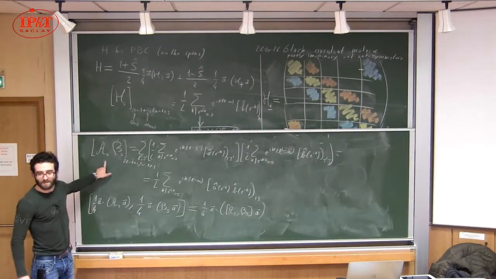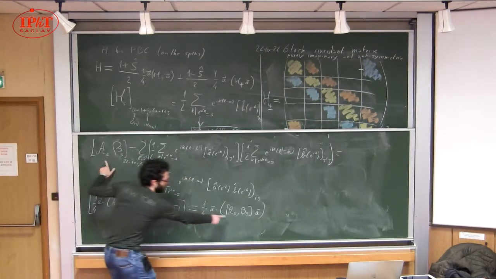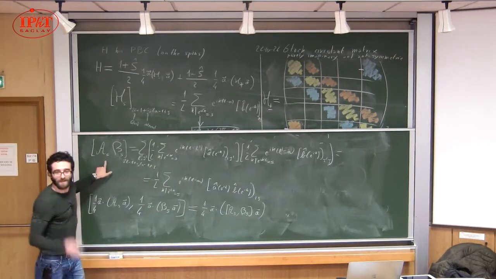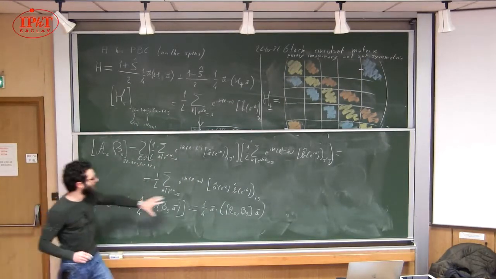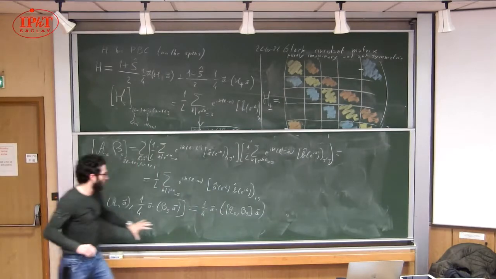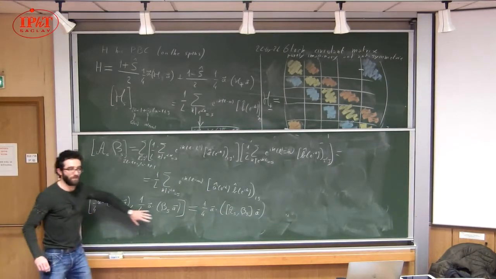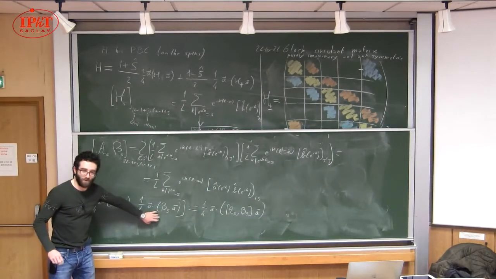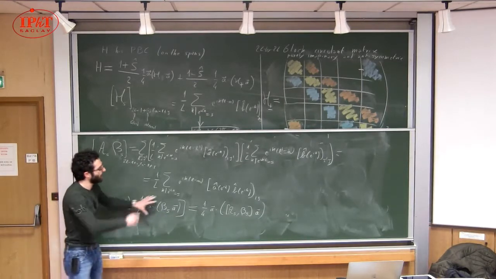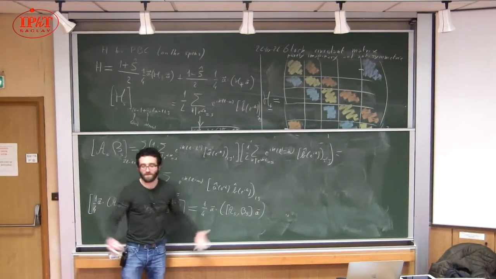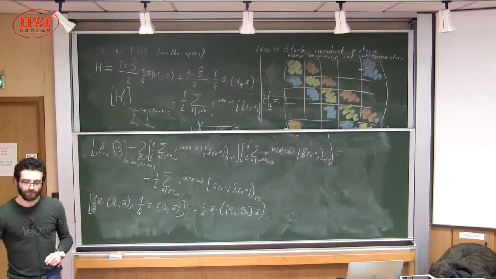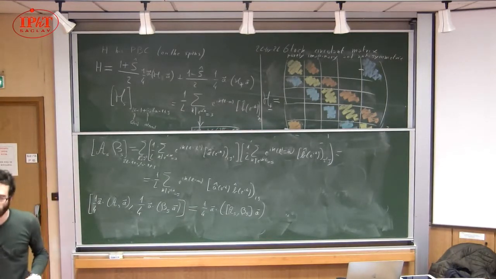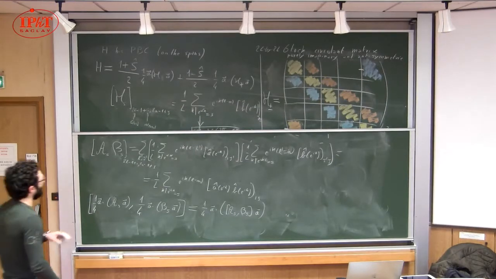Now you can use this result here, and then you realize that everything can be encoded in the symbol. Because when you consider the commutator of two quadratic forms, this corresponds to considering the commutator of the symbols. Instead, if you do a commutator of two symbols with opposite S, is that zero, or is there no simple form?